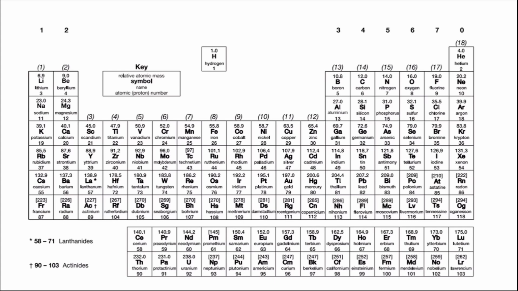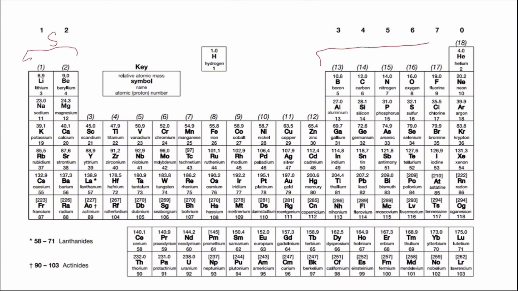Sometimes in the exam, they may ask you to write the electronic configuration of a certain element or an ion. You don't even need to look at the atomic number. You just need to locate its position in the periodic table and use the periodic table to write the electronic configuration. The first two blocks here are the s block.